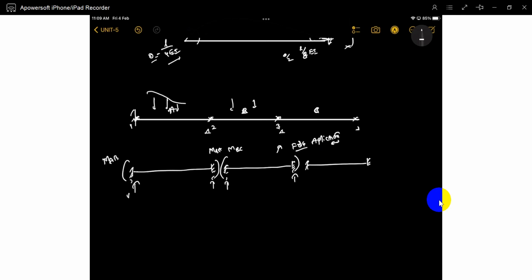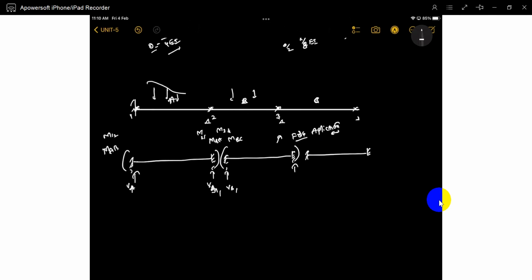You can call it VA, VB for element A, and M12, M21, M23. So we restricted every deformation. Later, by the application of the forces, the deformations are not restricted, they are deformed.